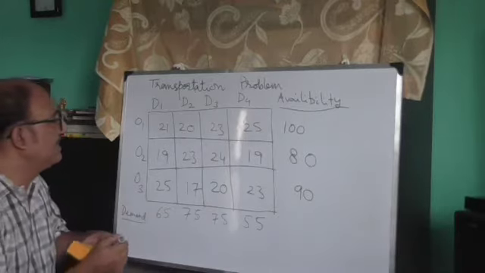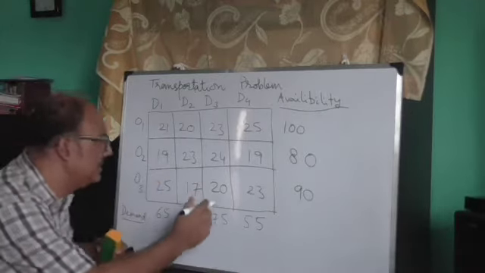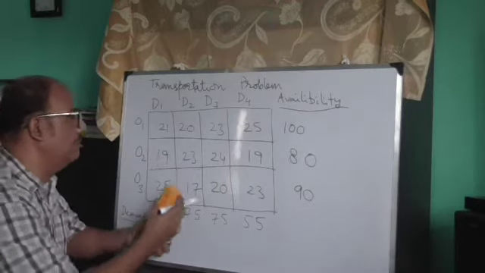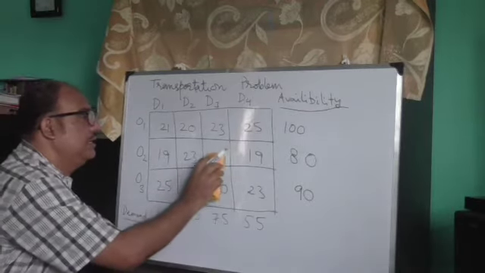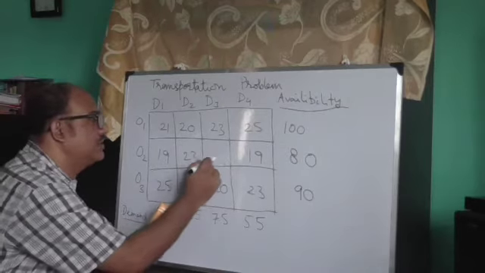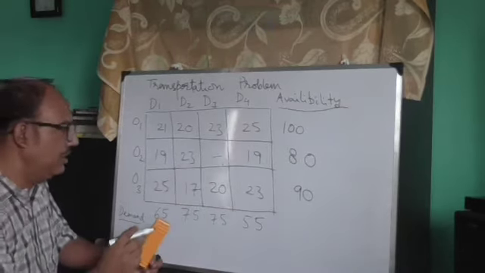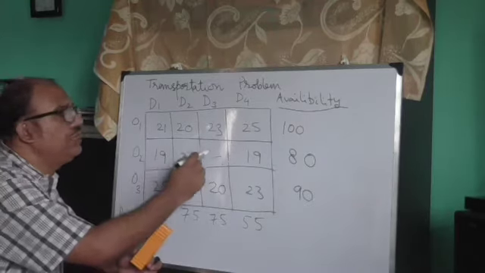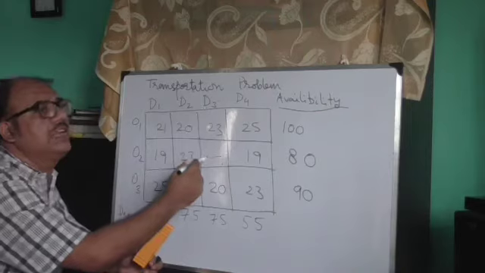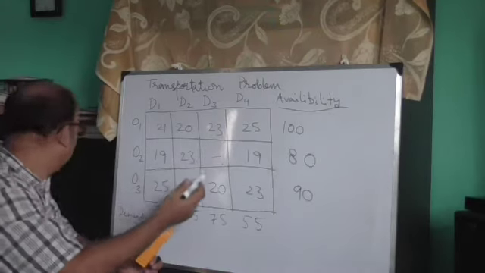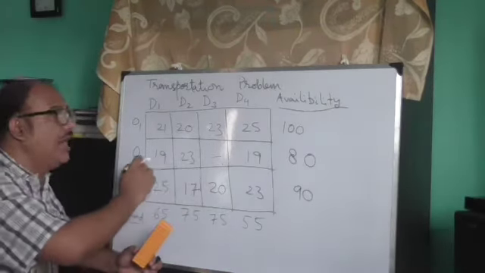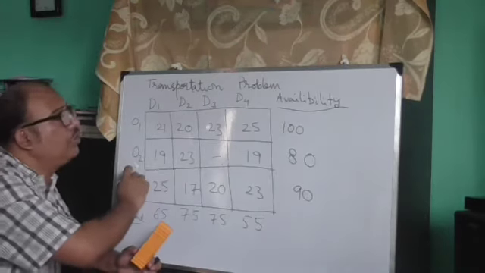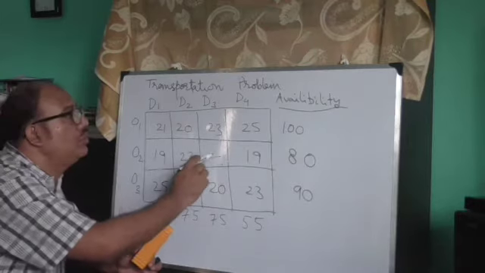Now as you can see, there are different values in different places. It is quite possible that in some places there is no value, maybe a dash there. That means from O2 to D3 no units can be transported, or in other words, the cost of transporting from O2 to D3 is quite large.